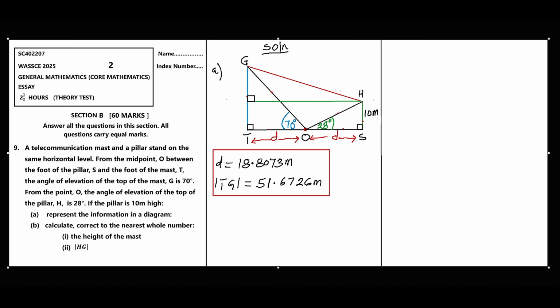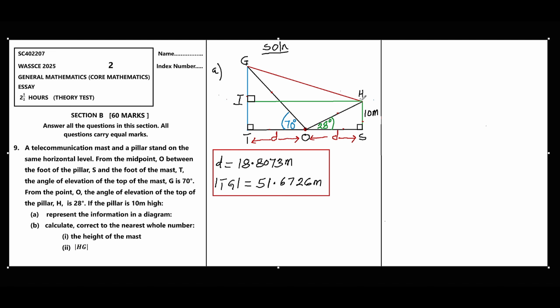So let's name this point here as I. So because it is a right angle triangle, it will surely have 3 vertices. So G, H, and then I. That is a right angle triangle. So there are certain things that we need to know, especially with the dimensions of the right angle triangle.